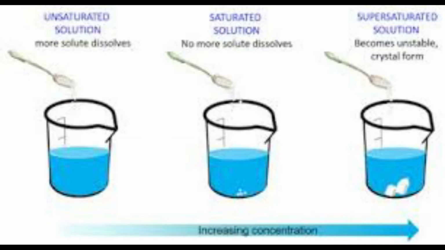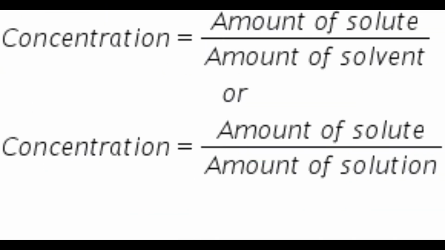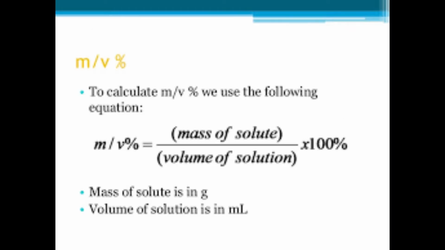Next one, when you take a small amount of lemon juice and mix it in a sugar solution, we call it lemonade. If you want to find out the amount of solute, that is lemon, in the lemonade solution, then you can calculate the volume by volume percentage of a solution, that is volume of the solute by volume of the solution into 100.